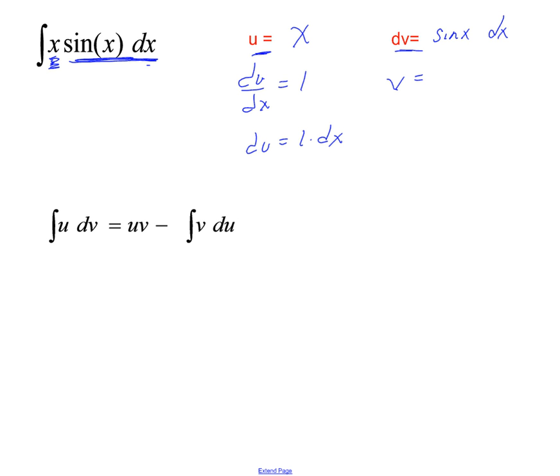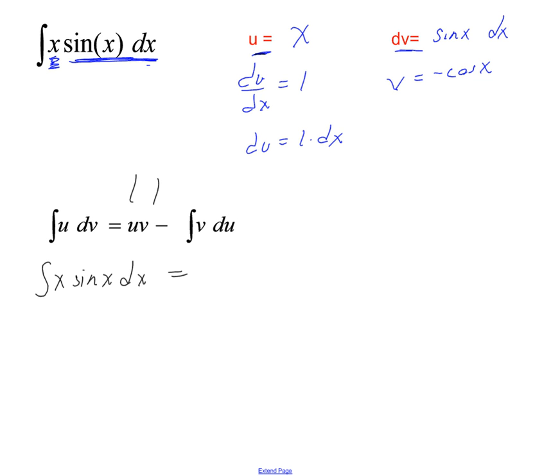Well, the antiderivative of sine of x dx is negative cosine of x. Again, I'm going to leave out that plus c. Let's put it all together. So the integral of x sine of x dx can be rewritten as u times v.